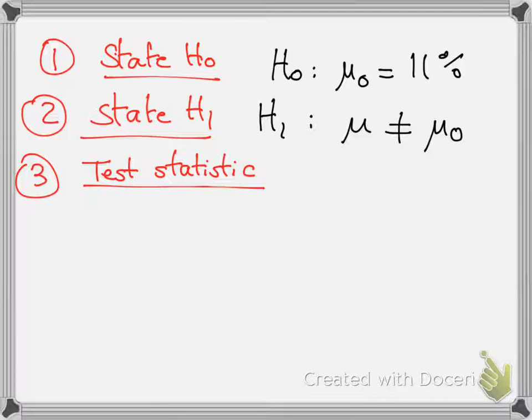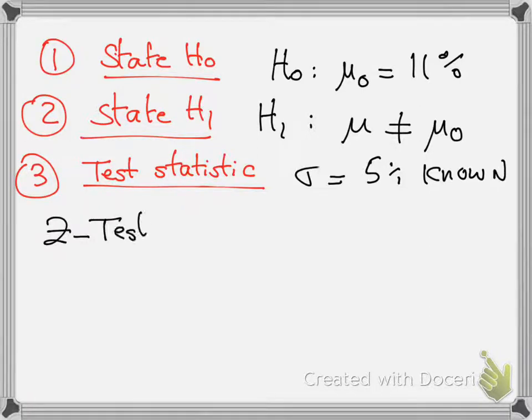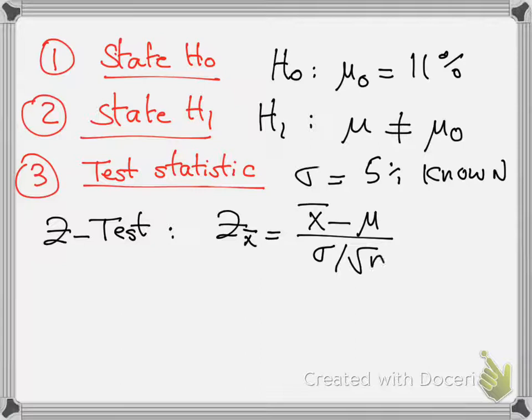So we need to use the z-test. Then z x bar is equal to x bar minus mu over sigma over square root of n.